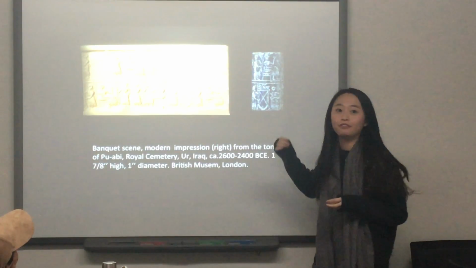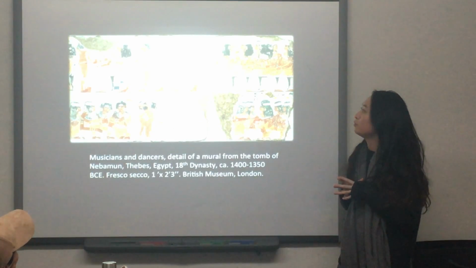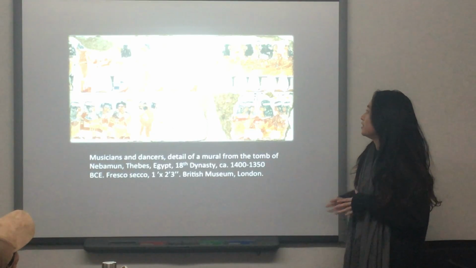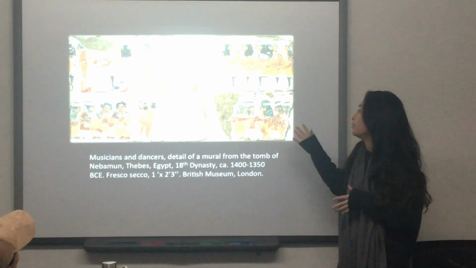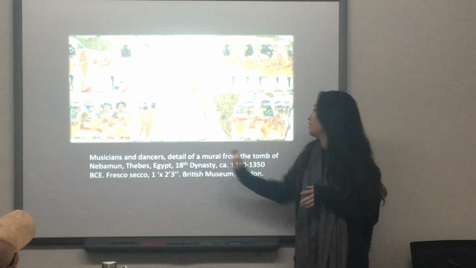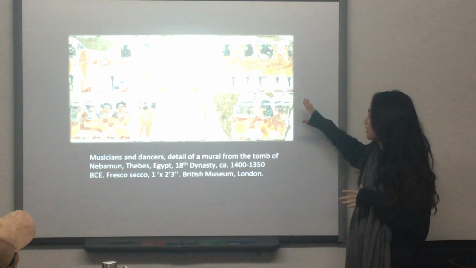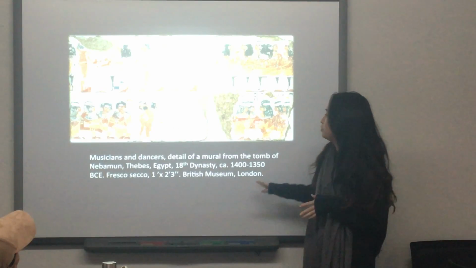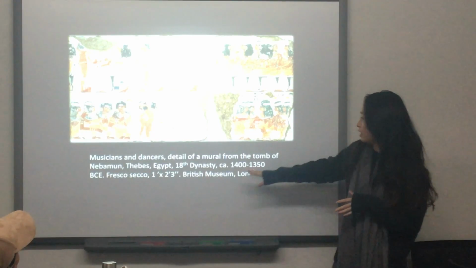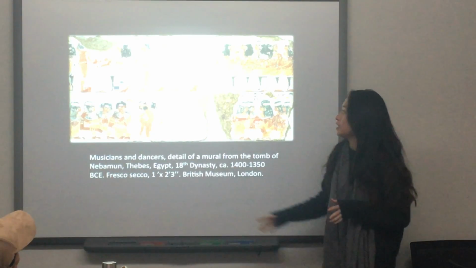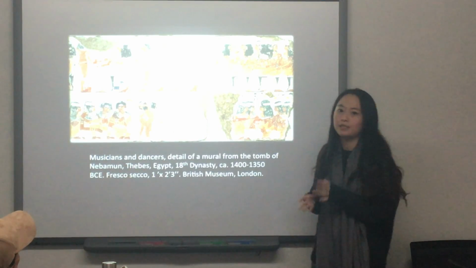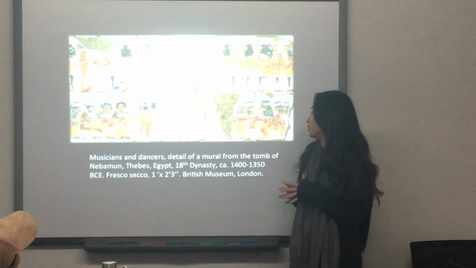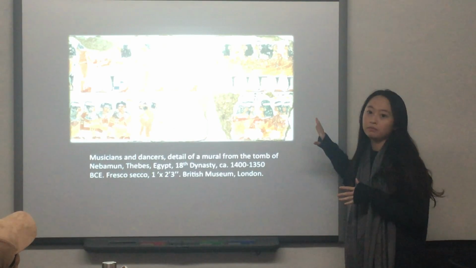And almost 1,000 years later, there's another extraordinary art piece about a banquet. Its name is Musicians and Dancers, and it is a fresco from the tomb of Nebamun, from the 18th Dynasty, New Kingdom. Because those two pieces are both from tombs, they must share some similarities.